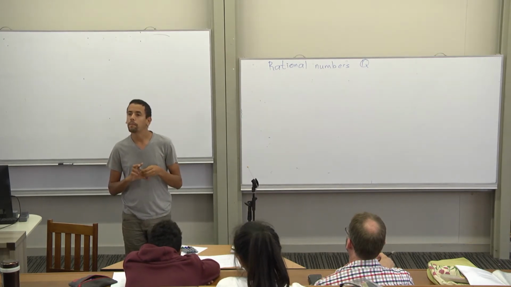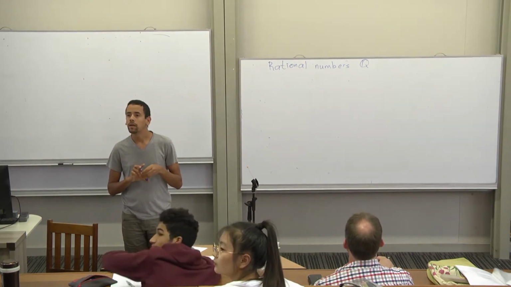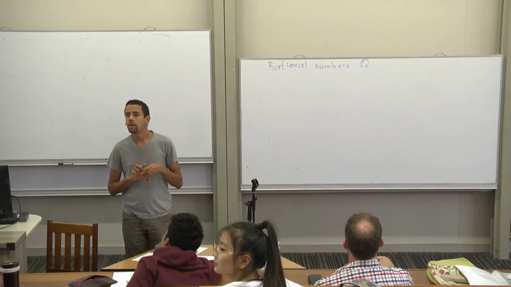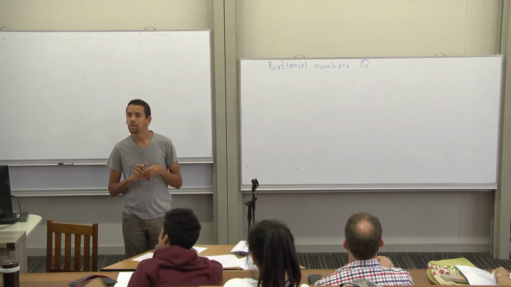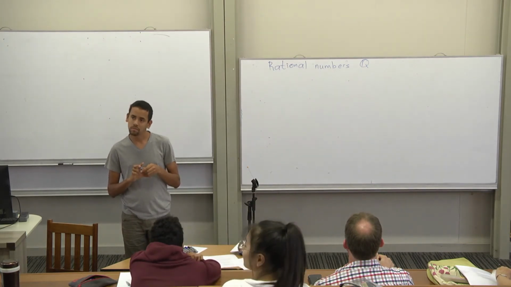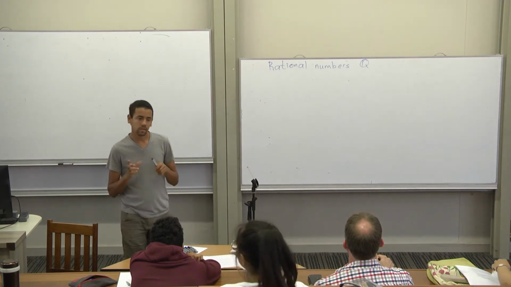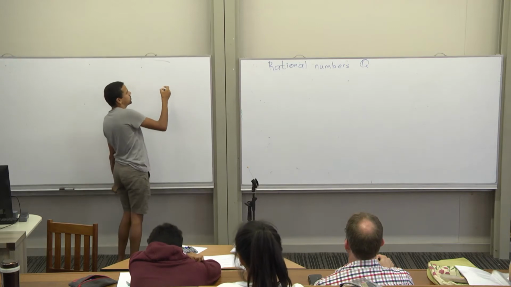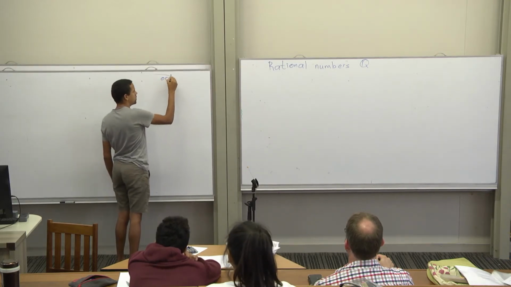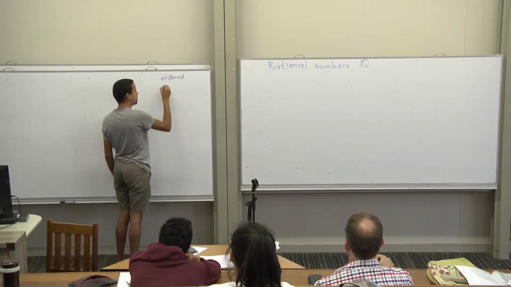Okay, how about stuff that is ordered and can be added, but can also be multiplied? Okay, I'm actually going to write some of this down. So stuff that can be ordered, they can be added.